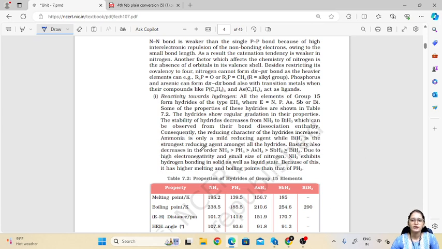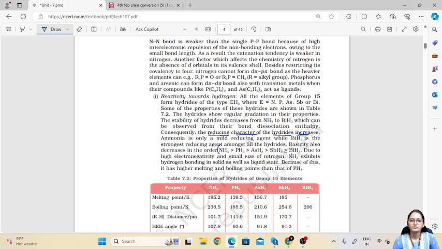Then ammonia is a mild reducing agent, while BiH3 is the strongest reducing agent. So one characteristic we can see here is the reducing character. The reducing character of the hydrides increases, meaning the tendency to reduce other elements increases. That means BiH3 is the most reducing compound, and NH3 is the least reducing compound.